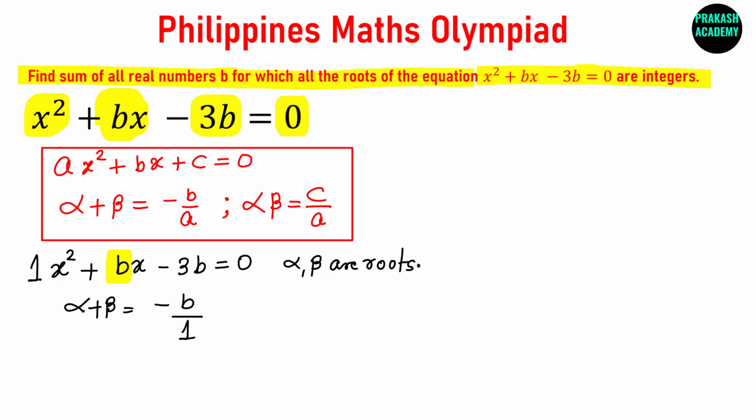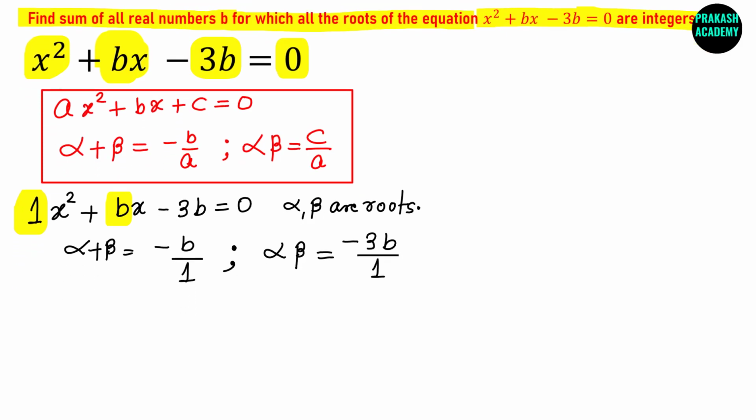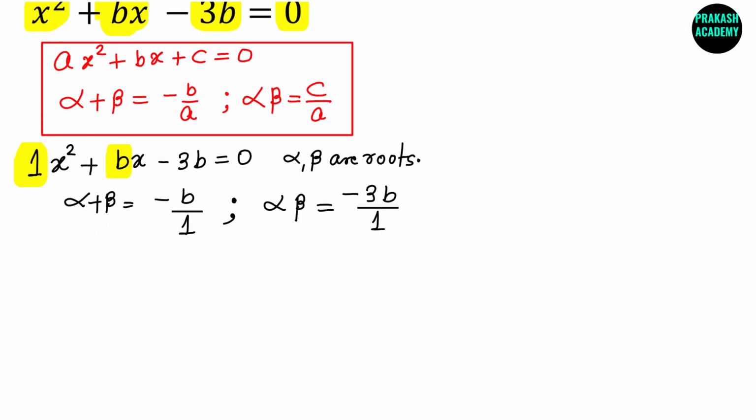Now the product of roots, that is alpha beta, will be c by a. So in this case c is equal to minus 3b and a is equal to 1. So now I have two equations. One is alpha plus beta is equal to minus b, and another equation, that is alpha beta is equal to minus 3b.